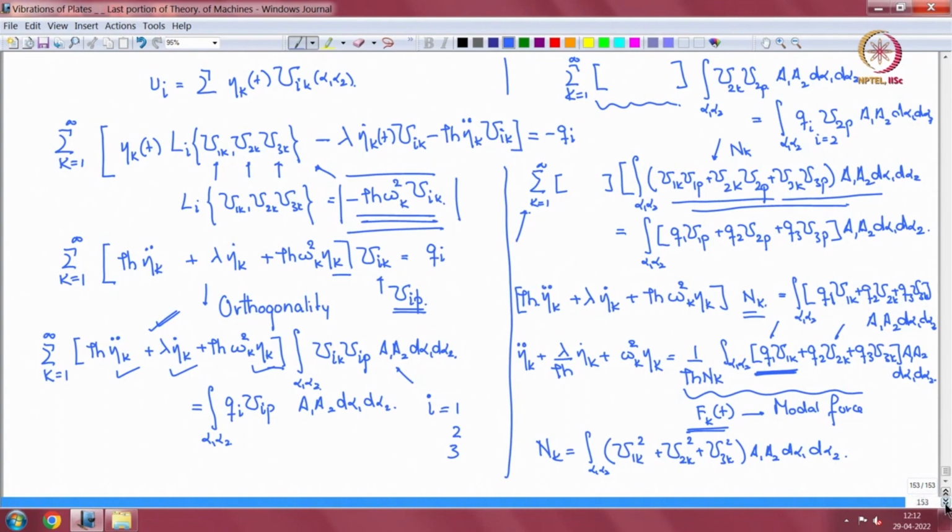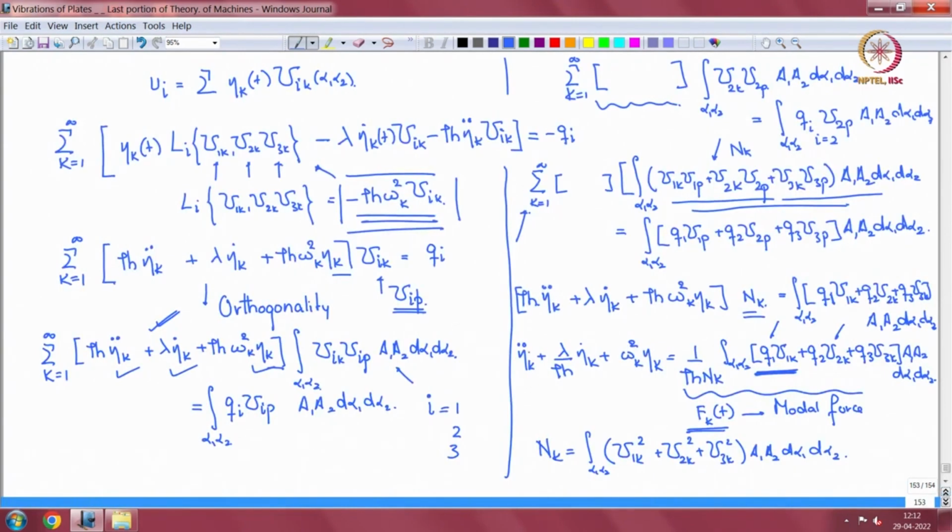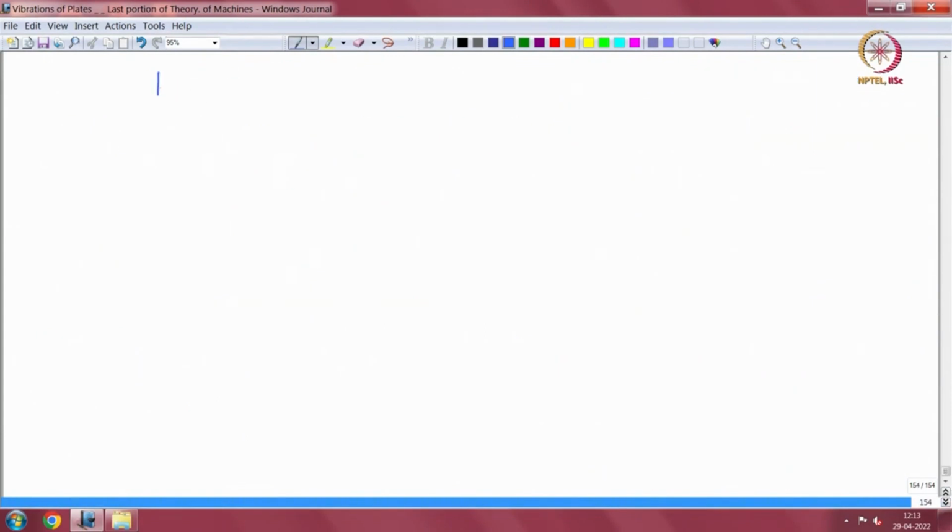Okay. Now we have this ODE in time. This is a temporal ODE that has to be solved, and therefore we need initial conditions. Okay, so what are the initial conditions?